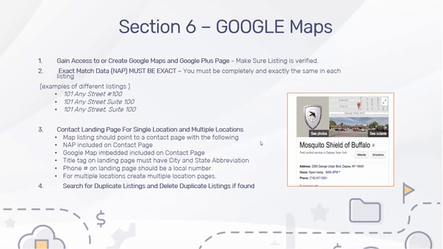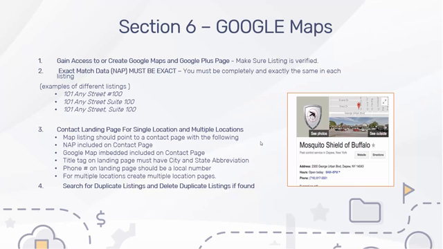Google Maps. Google Maps and Google Plus page, which is also part of local listing. For example, if you're a member of the program by Umbrella, then this is already provided for your client and they can use it. But if it's not, they will include it as part of the service to a limited degree.